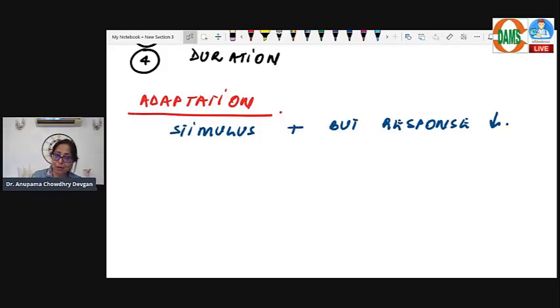Now, depending upon the time taken for adaptation, there are 2 types of receptors.